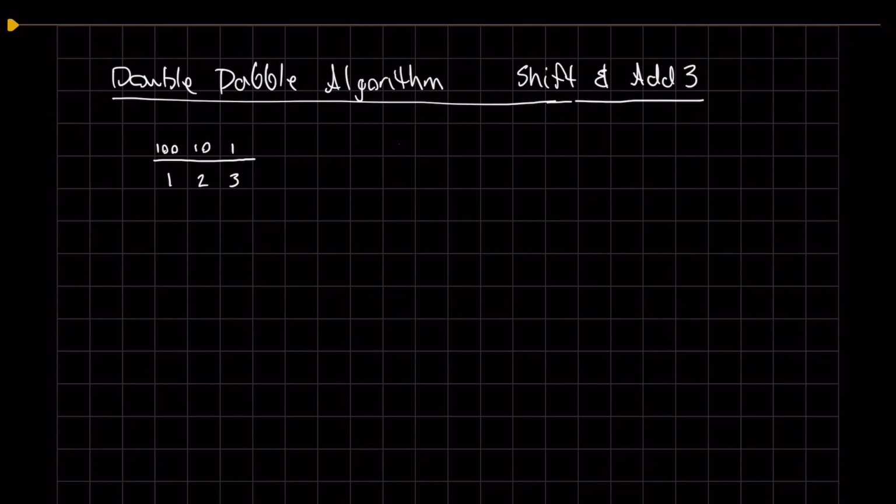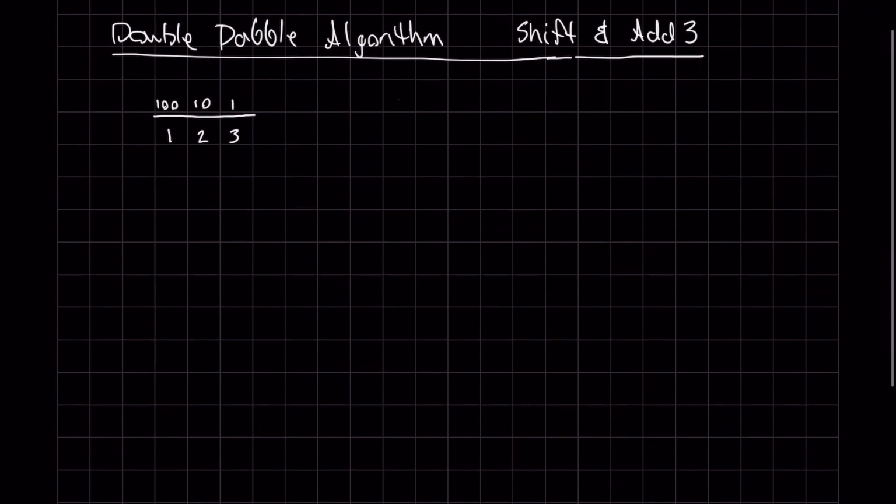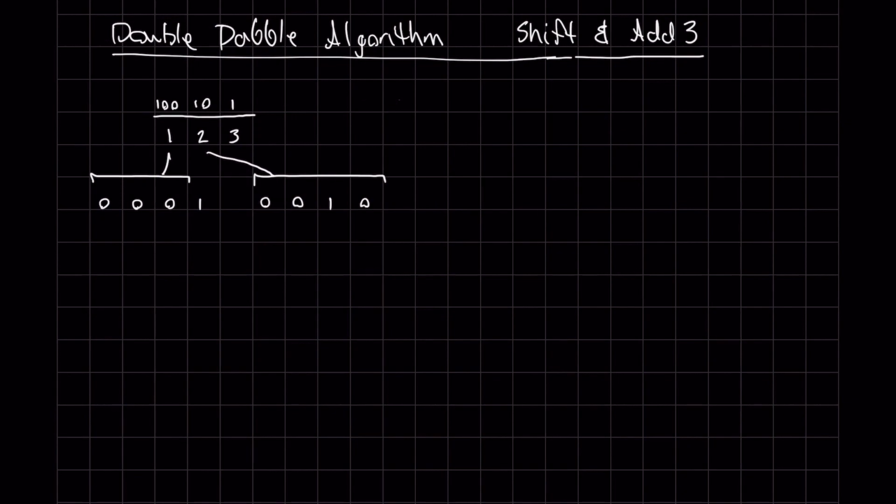If we were to take this 123 and convert each digit into its own 4-bit binary number, it would look something like this. 0001 for 1, 0010 for 2, and 0011 for 3.